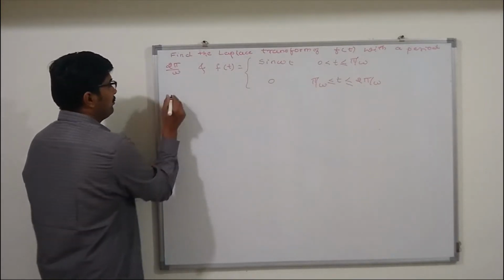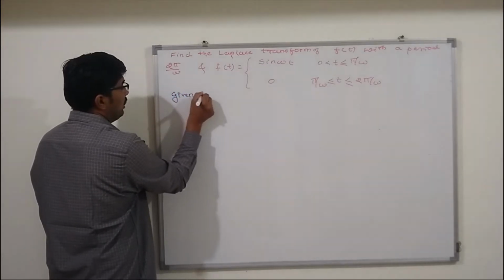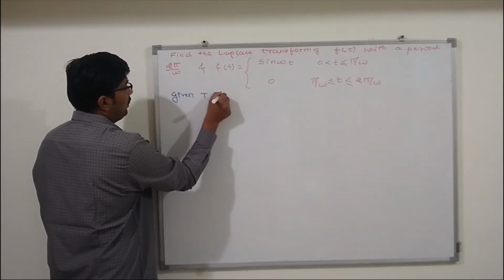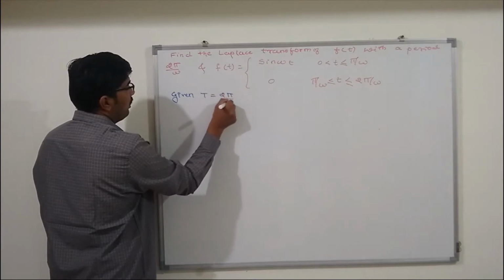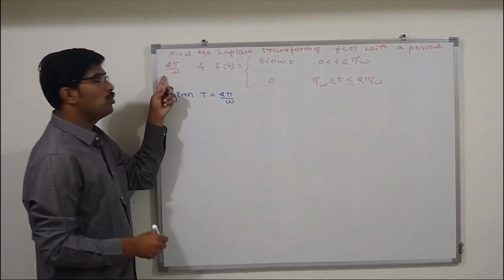So given capital T is equal to 2 pi by omega with a period 2 pi by omega.